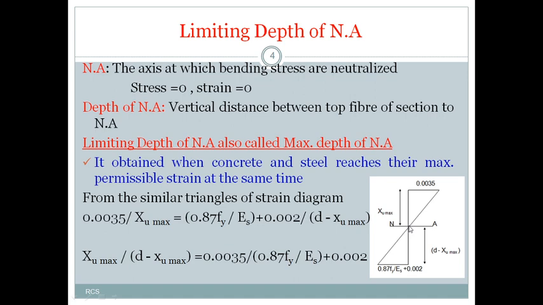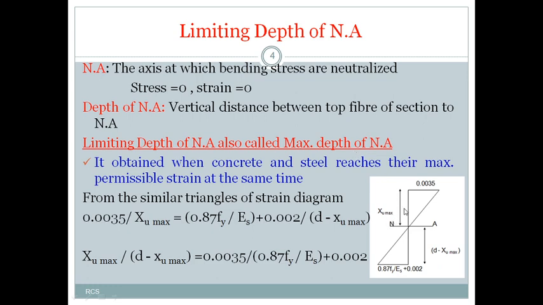The depth from the outermost fiber of the section to the neutral axis is called the limiting depth of neutral axis or maximum depth of neutral axis, represented as XU max. Understood, dear students? Again, it is obtained when the maximum strain in concrete and the strain in steel reach their permissible values at the same time. Then only we get a limiting depth of neutral axis.